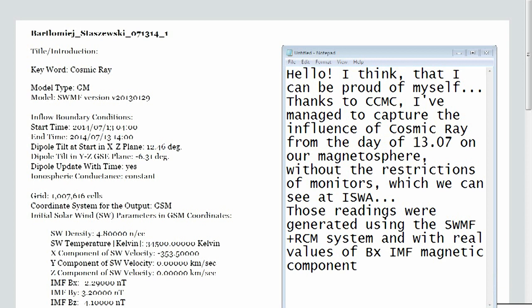Thanks to CCMC, I've managed to capture the influence of cosmic rays from the day of the 13th of July on our magnetosphere, without the restriction of monitors which we can see at ISWA.